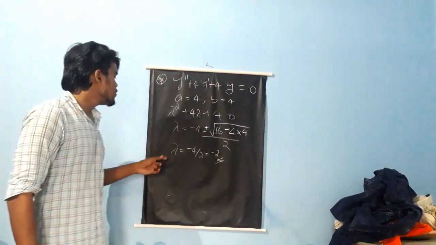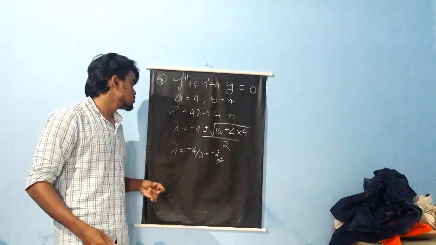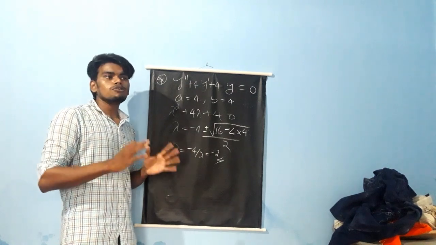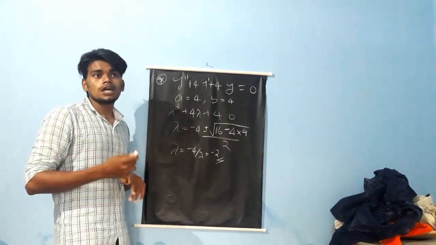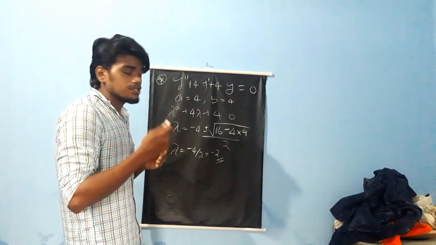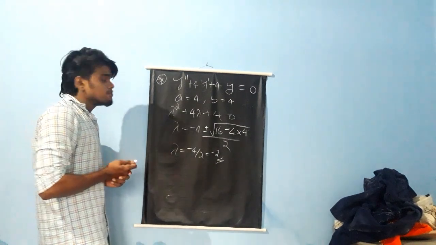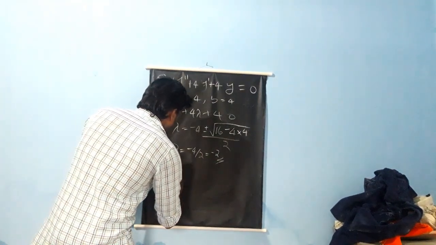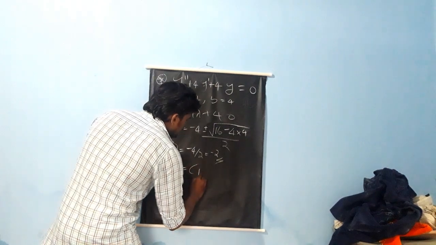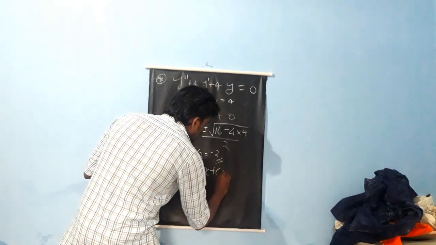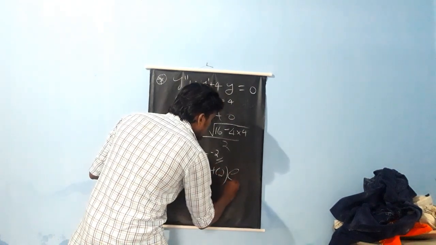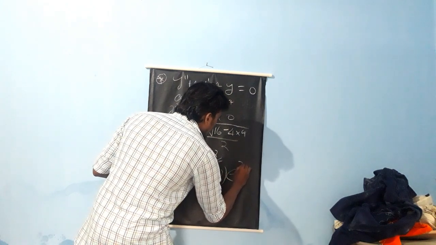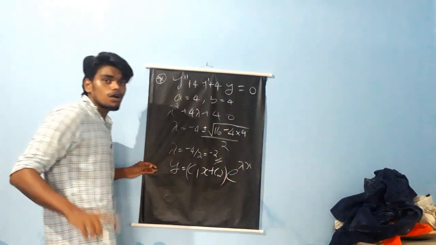So we have lambda is equal to minus 4 by 2, which means negative 2. Here we only have one value for lambda. So when the double root situation arises, we have to change our general solution equation. The general solution for a double root is y = (c1 x + c2) e^(λx), since we only have one lambda value.